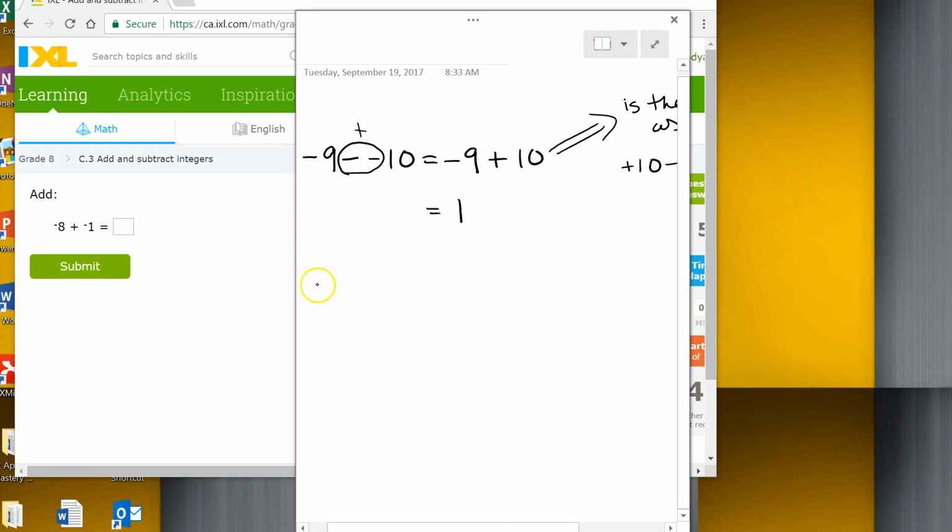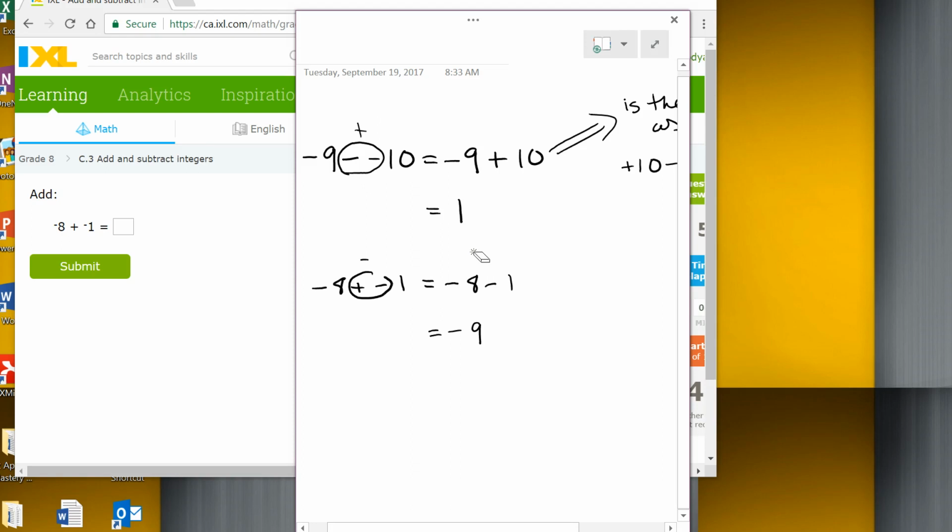So this one right here, negative 8 plus negative 1 equals, so I have this right here, a positive and a negative beside each other becomes a negative. So I'm going to rewrite it, negative 8 minus 1 equals negative 9, because you start out at negative 8 and then move to the left 1, which means it's negative 9.